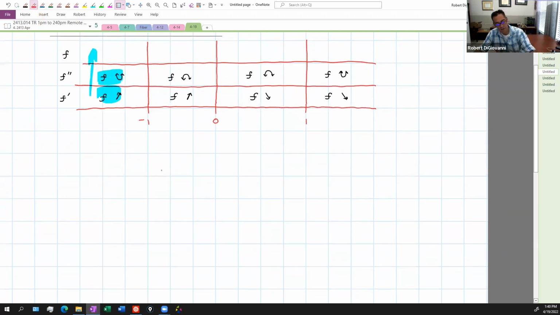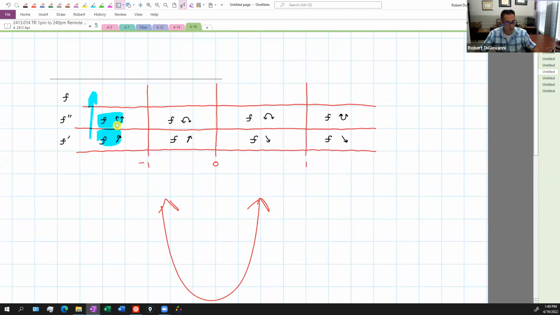Don't draw this. If you have to be concave up, smiling, but you have to be increasing, can you be on the left side of the smile? No, you have to only be on the right side of the smile, which means that these two pieces of information together tell me that my original function here looks like this. The right side of the smile.